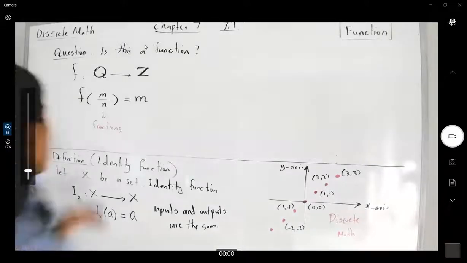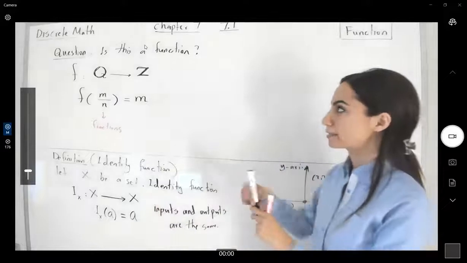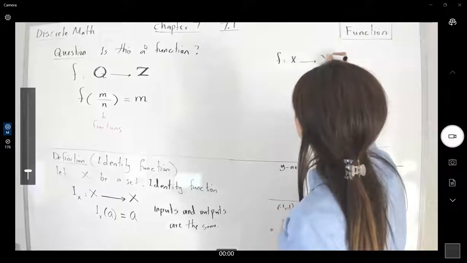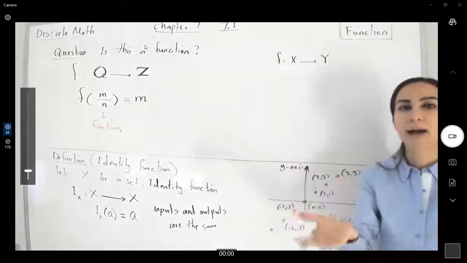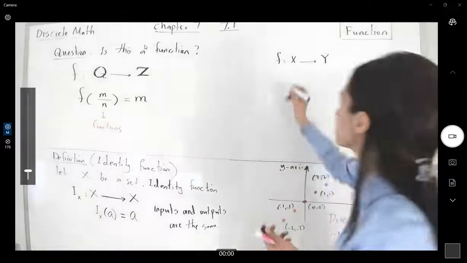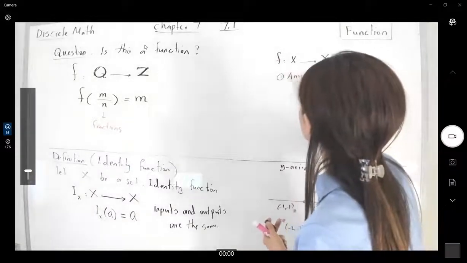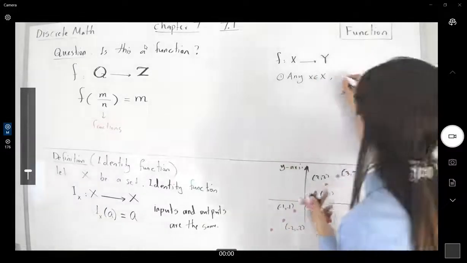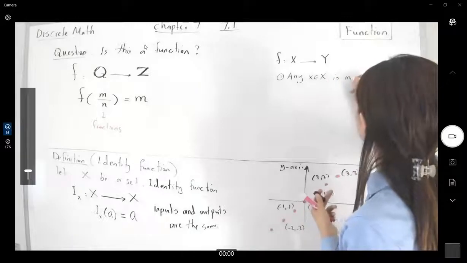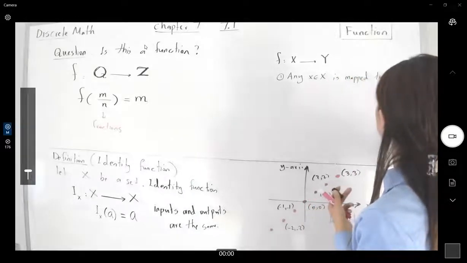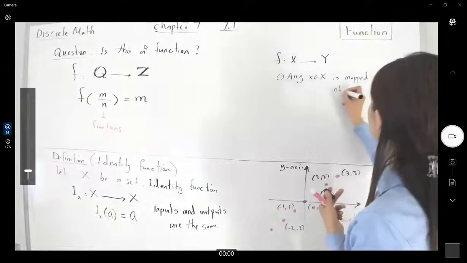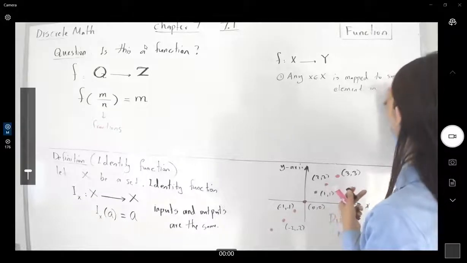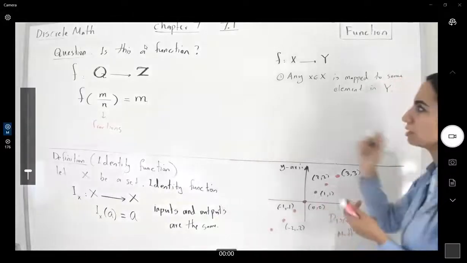So remember that when we defined a function, the definition was this. f maps domain into codomain, and it has to have two conditions. First of all, any x in X is mapped to some element in Y. So let's check the first condition.